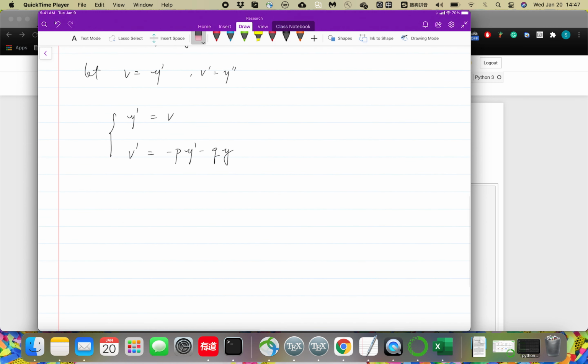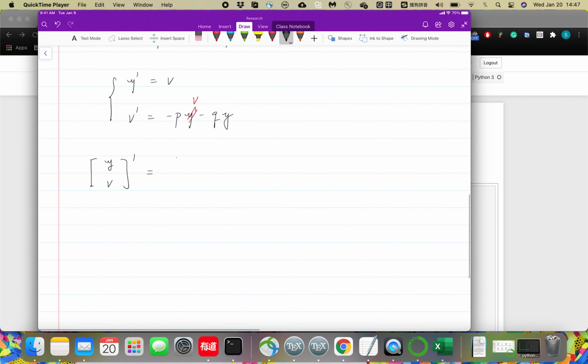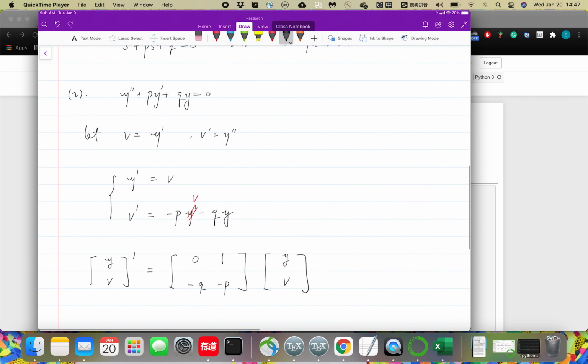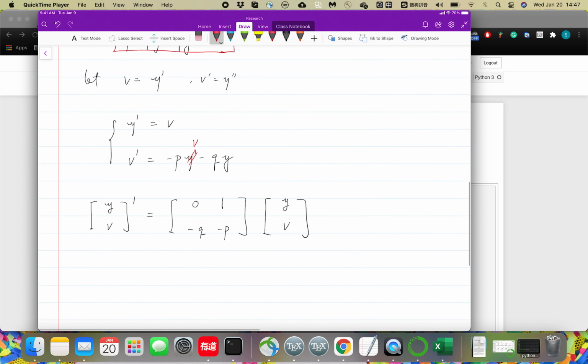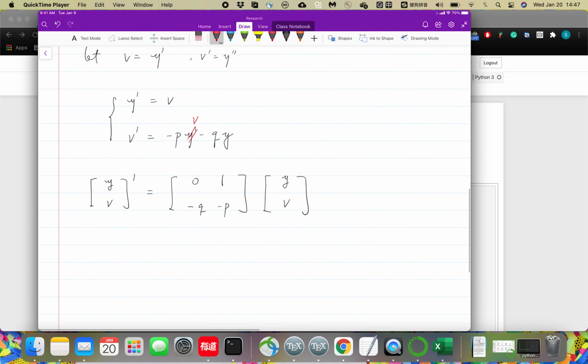Now we don't want y prime, so let's replace it by a v. Then suddenly we got a nice system: y prime equals v, v prime equals negative p v minus q y. So this system here for second order, if we do a change of variable to let v equals y prime, can be transformed into a system looking like this.